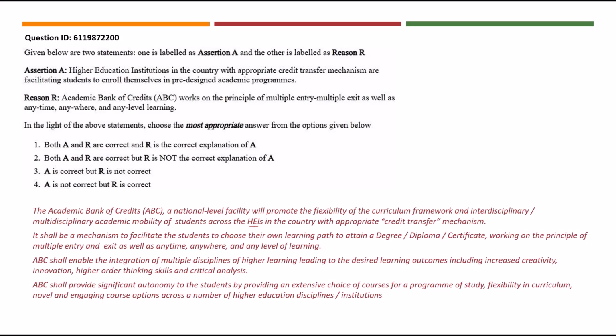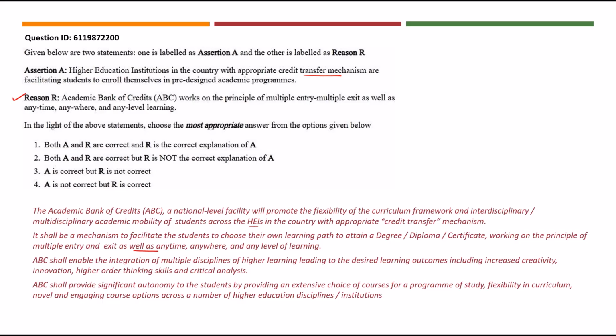So A is right till here. It shall be a mechanism to facilitate the students to choose their own learning path to attain a degree, diploma, certificate, working on the principle of multiple entry and exit as well as anytime, anywhere and any level of learning. This statement makes sure that R is definitely right.